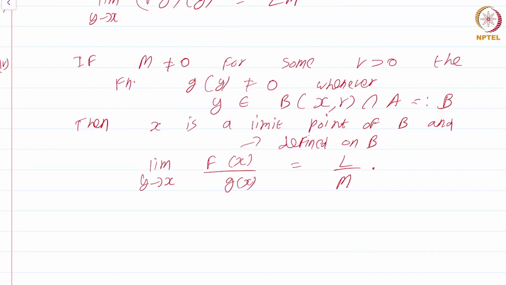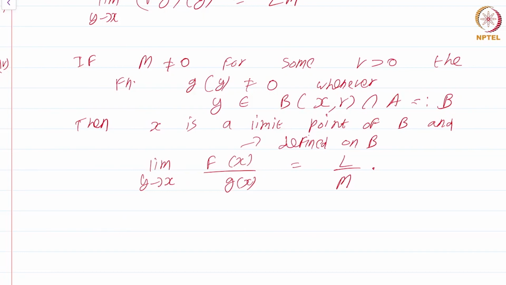All I want to say is, if the limit of the denominator is not 0, then when you are sufficiently close to the limit point x, the function itself is not 0. Therefore, you can define the quotient f by g on some ball B(x, r) intersect A, which I am calling the set B. So I am taking the limit of this function defined on B at the point x. To do this, x must be a limit point. That is part of the statement, and that limit is equal to L by M.